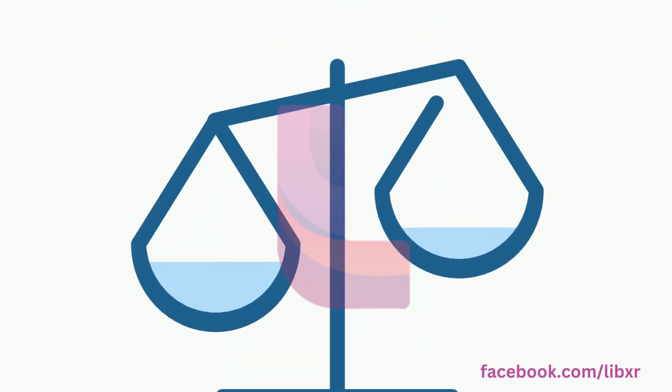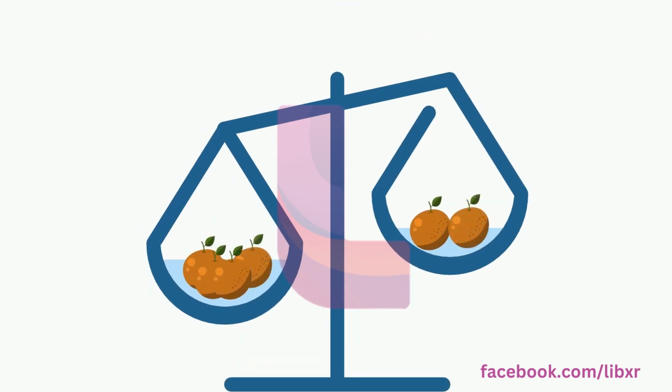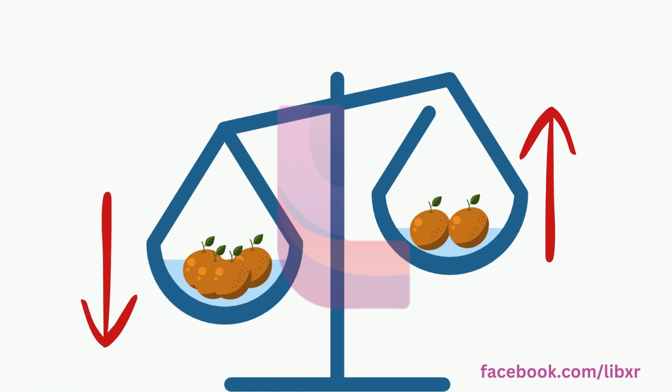But if we add 2 more oranges of the same size in the left pan, it goes down and the right pan goes up. This happened because the weight in the left pan has increased as it has 4 oranges, while the right pan still has 2 oranges. So now the weight in the left pan is heavier than the right pan.